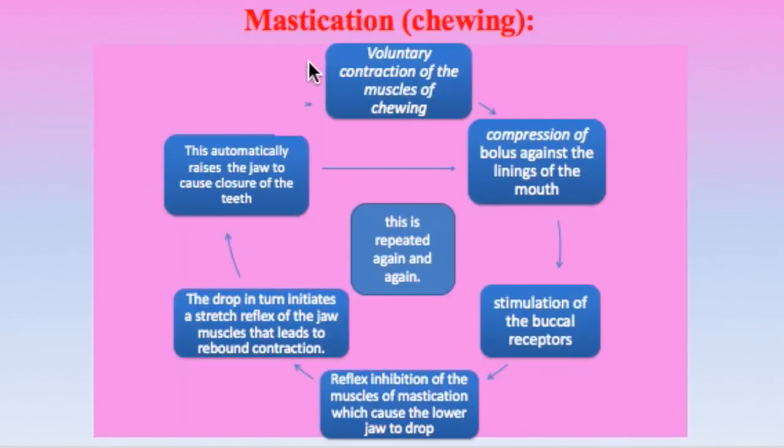Now we are going to discuss the mechanism of mastication. When we put the bolus of food inside the mouth, there is a voluntary contraction of the muscles of the jaw, and this contraction will bring the bolus of food in contact with the lining of the mouth.